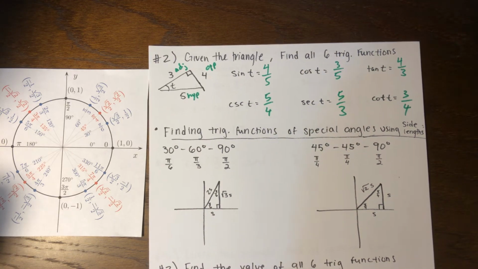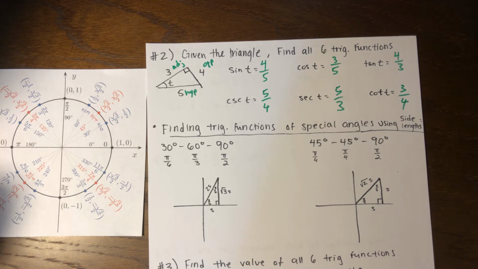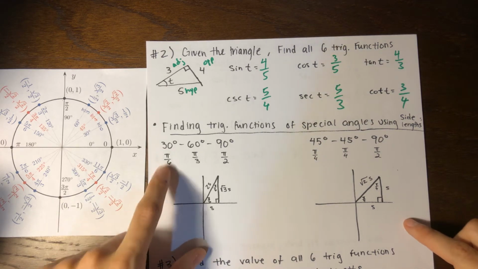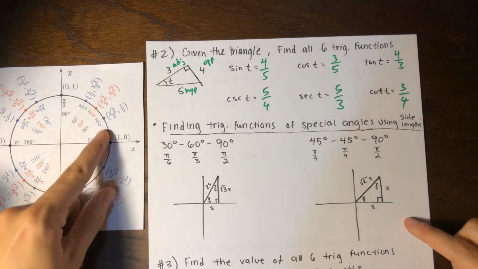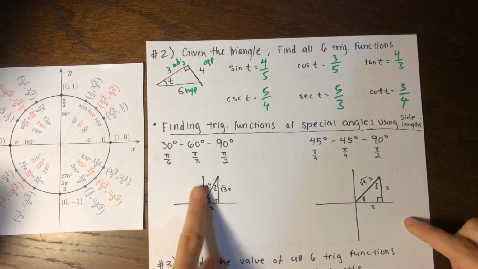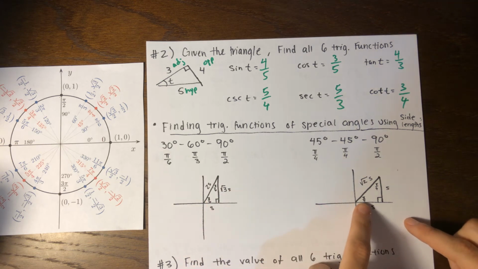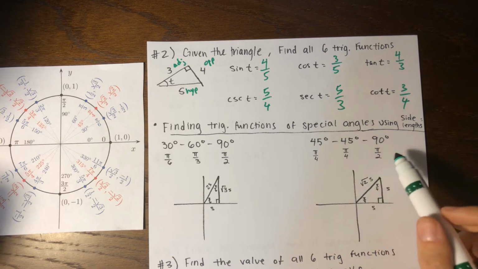Okay? Let's move on to finding trig functions of special angles using side lengths. There are different scenarios for the right triangles. We have 30, 60, 90, which is pi over 6, pi over 3, pi over 2. And then we have 45, 45, 90, which is pi over 4, and pi over 2.